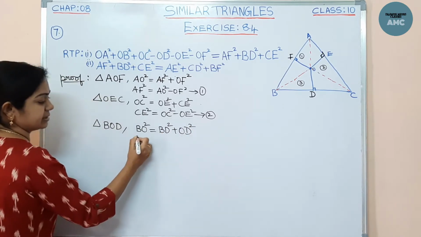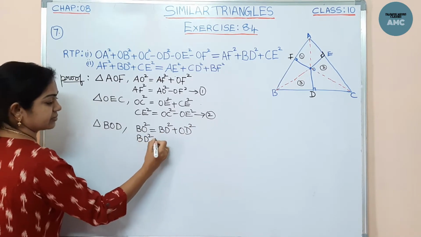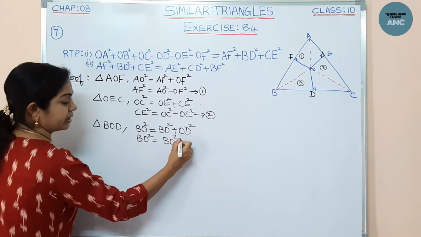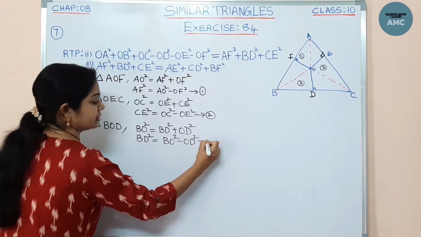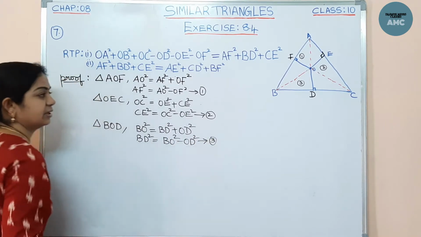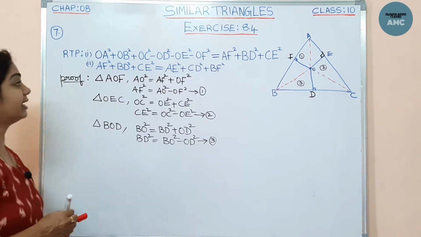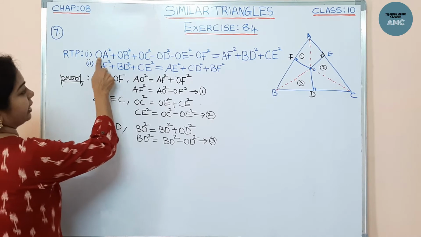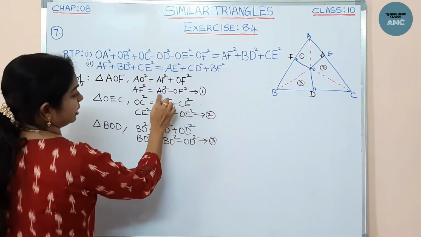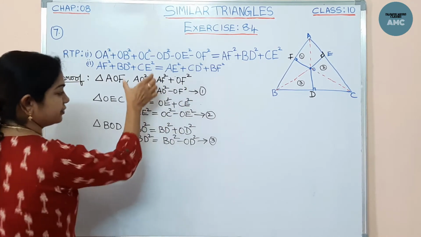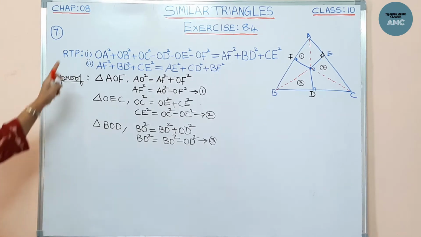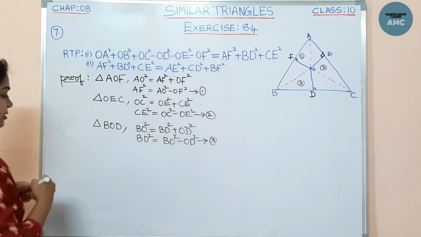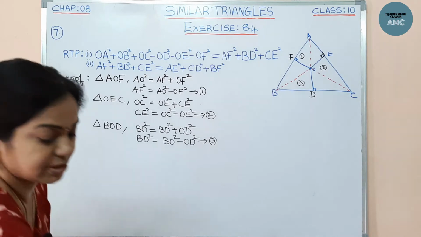BD square, if I want it, is BO square minus OD square. So this is equation 3. Now all the equations I'll be adding. Here you see OA, OD, AO, OF, everything is there. If you just add the equations, you will get the first part. So we will be adding the equations.